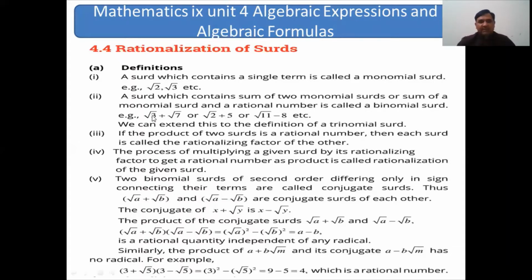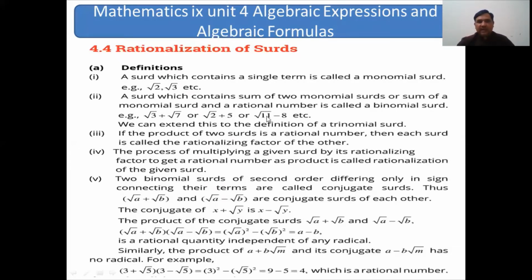Here you can see square root of 3 plus square root of 7. This is a monomial, this is a monomial, and when we add these two surds, this is a binomial surd. This is a monomial surd, and 5 is a rational number. When we add these, we have a binomial surd.